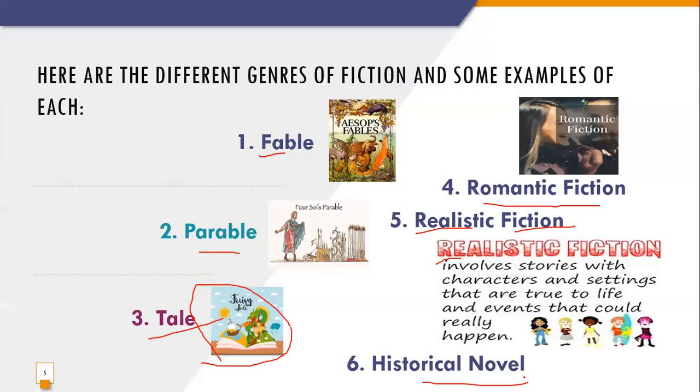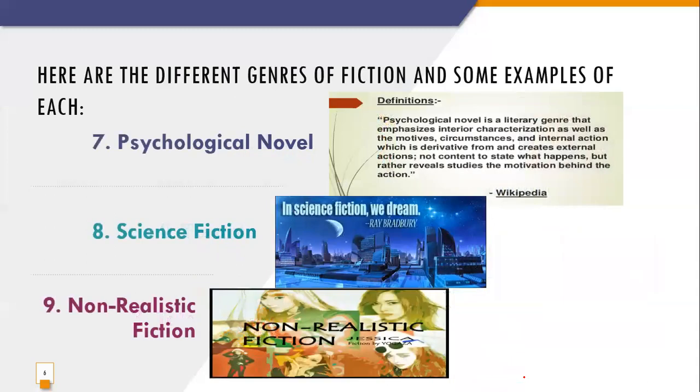Next is the science fiction. So this is the psychological novel. In Wikipedia, guys, it is a literary genre that emphasizes interior characterization as well as the motive, circumstances, and internal action which is derivative from and creates external actions, not content to state what happens, but rather studies the motivation behind the action.